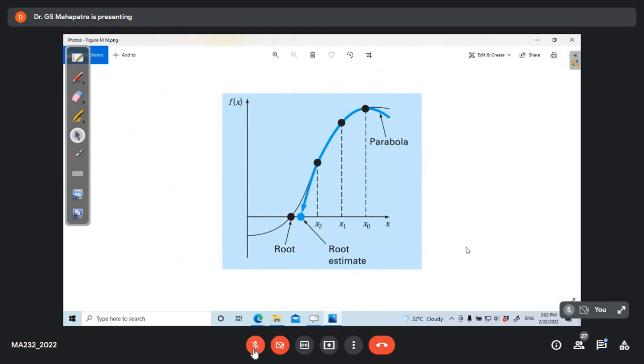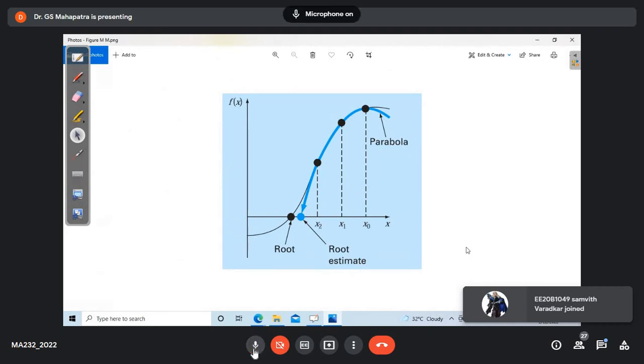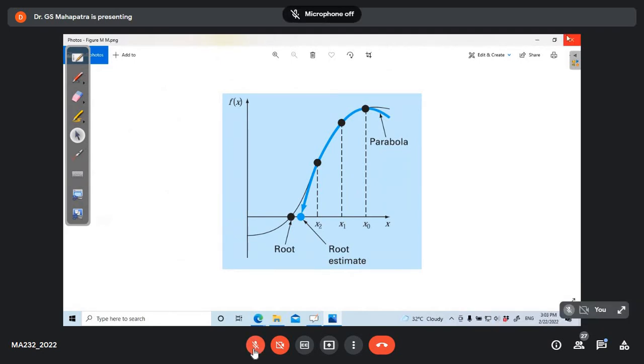Can we consider x0 and x2 as the initial approximation for the regula falsi method for this graph? That means what is the advantage of this one? You can say that the root need not lie in the considered initial approximations. It may be outside of the initial approximations. Fine or not? So this is the vital difference.